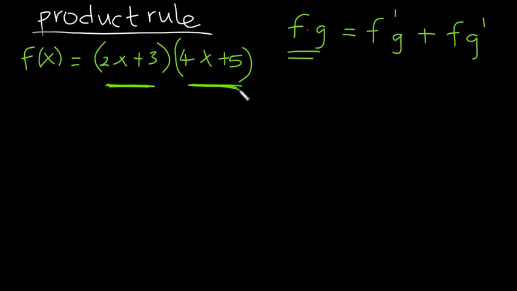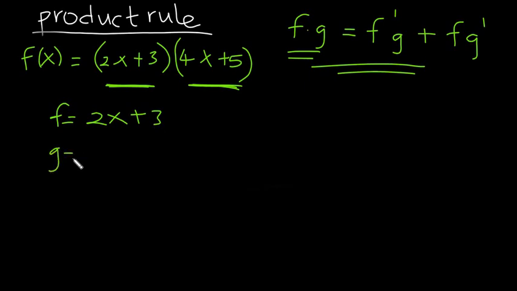So let's follow this formula and work out the derivative of this function. In this case, our f is 2x plus 3, and g is 4x plus 5.